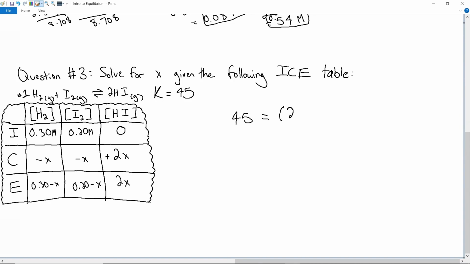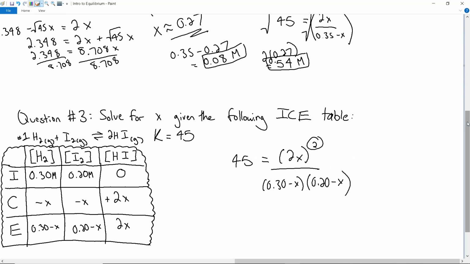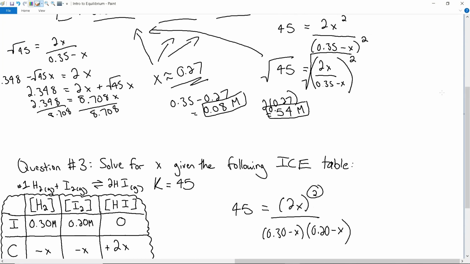So we have 2x to the power of 2 over 0.3 minus x times 0.2 minus x. Now, this is the trickiest setup so far. Why? Because we can't do any mathematical tricks to make this easier. We can't get rid of the squared like we did up here because we don't have the same exponent on the bottom.